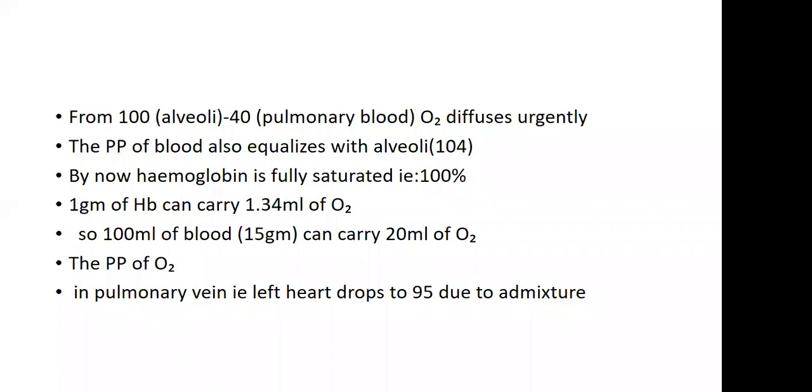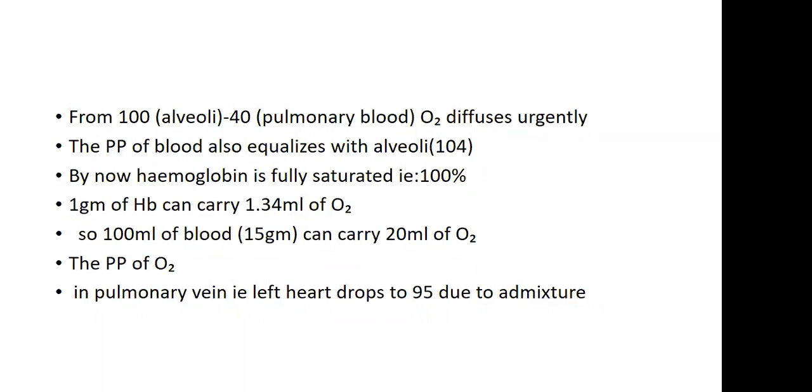We also know from our experiments that 1 gram of hemoglobin can carry 1.34 ml of oxygen. Now, this is the quantity of oxygen. 1.34 ml of oxygen is carried by 1 gram of the hemoglobin.